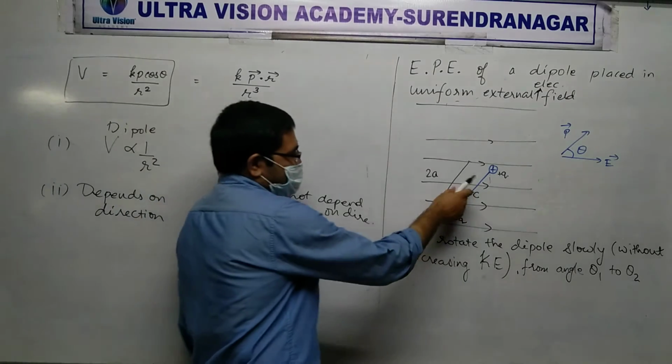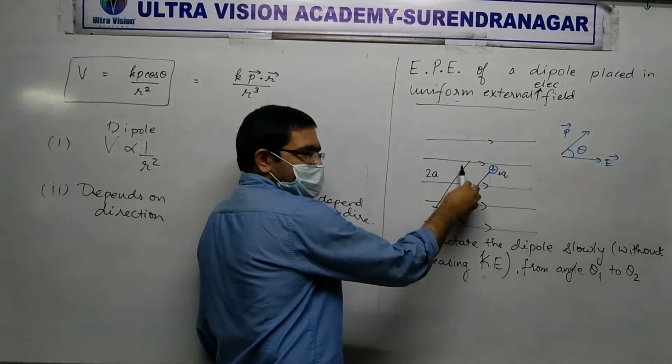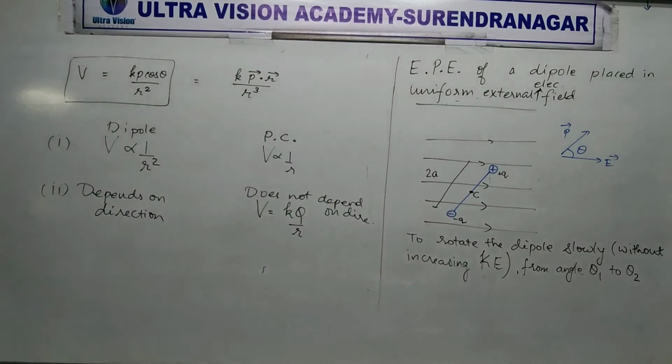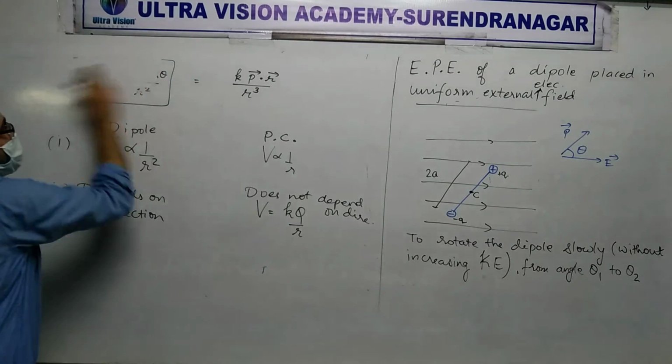So suppose some angle is theta and then you want to turn it, from the initial angle to the final angle.